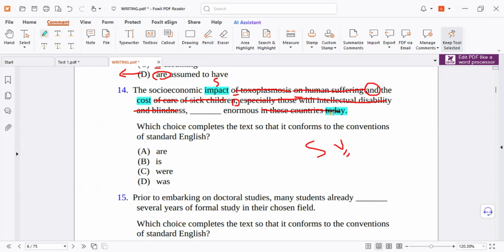But if you don't have "today" as an indicator of tense, you can find it in the content. Yeah, the impact of toxo. We're talking about scientific facts related to society and economy. So you need facts. So it must be what? A. So that's correct. That's why.